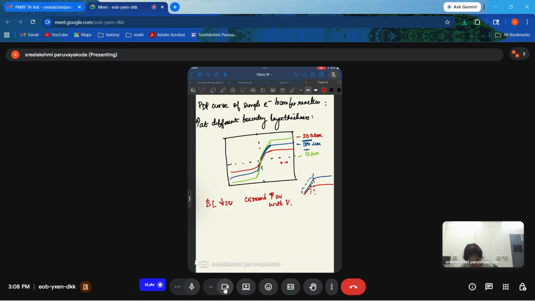That is the first thing you see. And the next one is that the linear regime of potential versus current increases. So these are the two things you observe when your boundary layer thickness is reducing. So this was current in milliamp per centimeter square, and this is the DC potential versus OCP. I'm talking about different overpotentials.